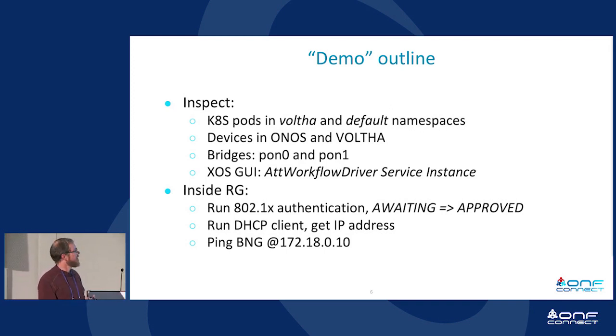Take a brief look at the bridges that get set up by the CNI plugin, and then take a look at the XOS GUI, where there's this object called the AT&T Workflow Driver Service Instance that kind of encapsulates the state of the system in terms of what's happened already in authentication and DHCP, and just kind of, for a particular subscriber, represents what is the state of that subscriber.